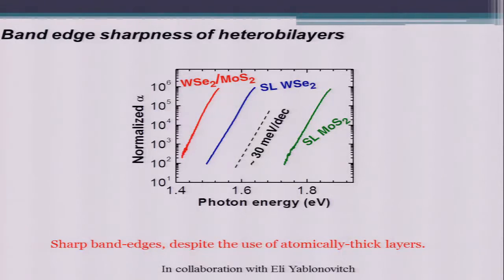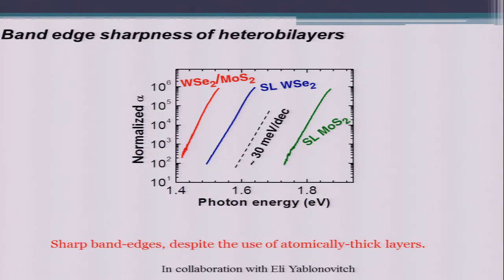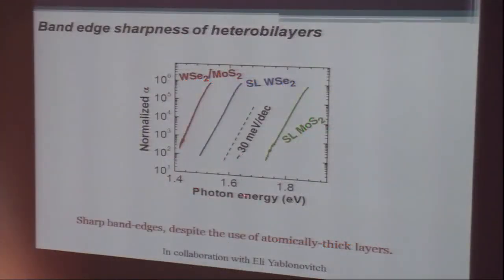Finally, the last slide. Sapon talked about band edge sharpness. It's critical. We have this heterojunction. The question is, how clean and how sharp are the band edges? So here is the implied absorbance versus photon energy. From the slope of these lines, you can get an idea of your band edge sharpness. This is work that we did in collaboration with Eli.